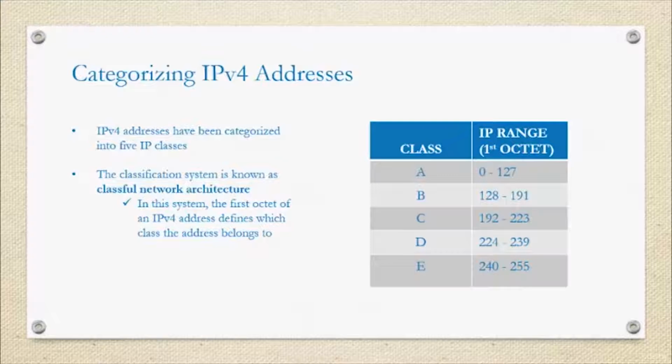So if the first octet is in the range of 0 to 127, then it belongs to Class A. And if it's in the range of 128 to 191, then it belongs to Class B, and so on and so on. Now, I want you to look at the chart on the right of the screen. We have the classes A, B, C, and D, and then we have the IP range, the first octet that will define the class. This is very important for you to note, so take some time to look at this chart and find a way to memorize it.